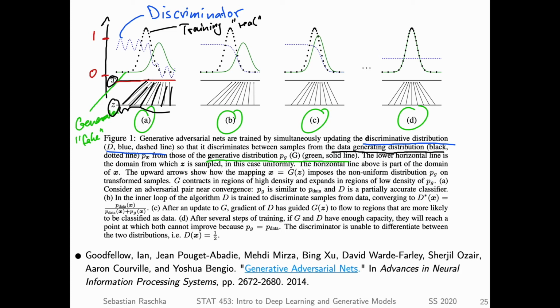It maps to a narrower region of this distribution. And the goal would be, of course, to map to the region that corresponds to the highest density of the training data, or the highest density of the data generating distribution. That would be the goal. So we want these things to map into this region.